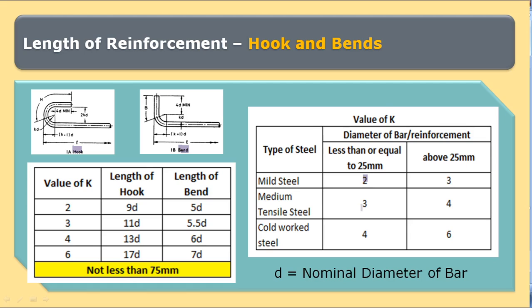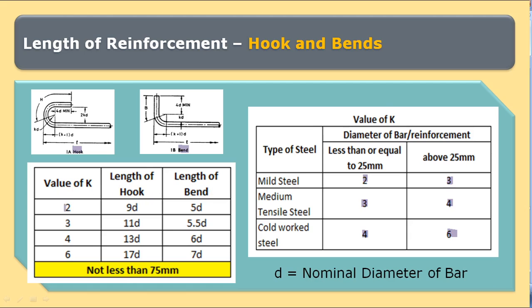For medium tensile steel having diameter of the bar less than 25 mm, value of K is 3, and for cold work steel value of K is 4. Similarly, when the diameter of the bar is about 25 mm, the value of K is 3, 4 and 6 respectively. And based on the value of K, we have the length of hook and length of bend.